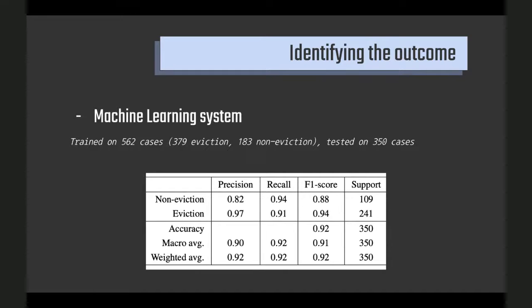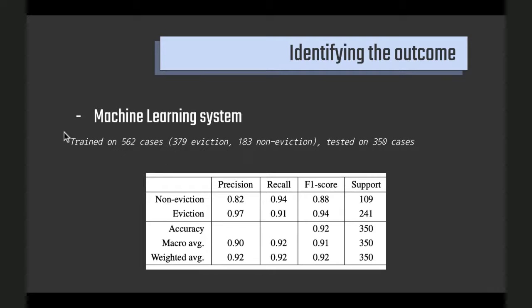So the machine learning system, before that we had 912 cases that we could extract the keywords from. Here from the learning system, we could only use fewer cases because once again we had to have some cases to train on and some cases to test on. Unfortunately, that's the reality of it, and you want to train the system on as many cases as possible.